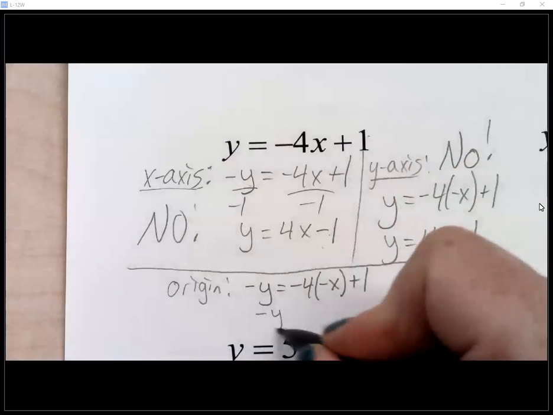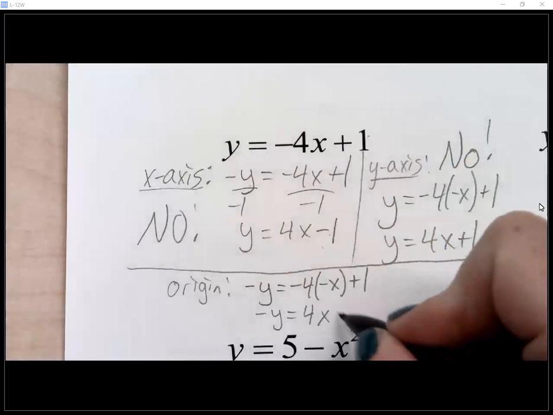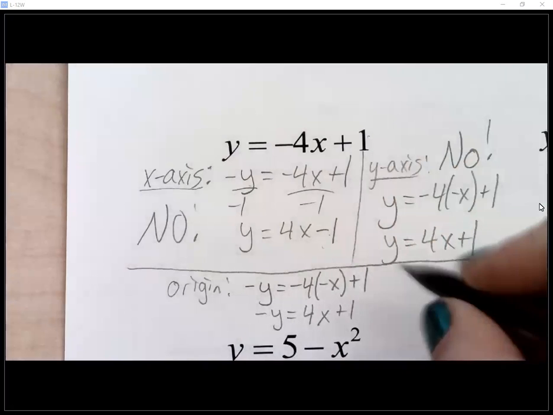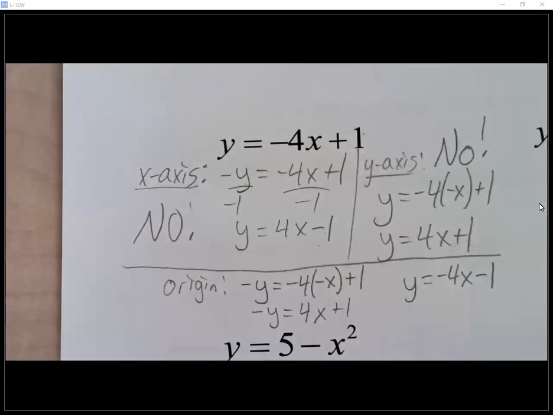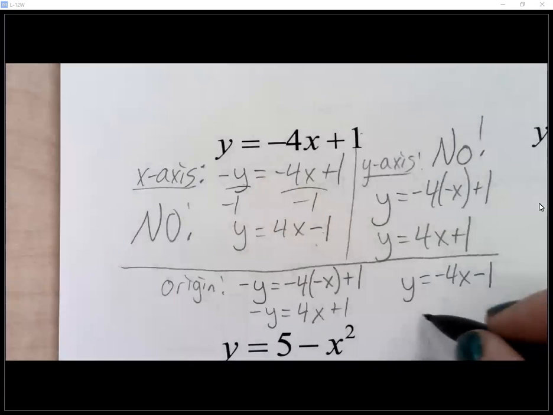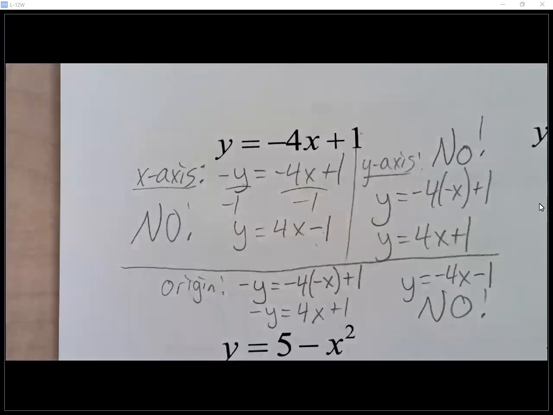So I get a positive 4x plus 1, and now I have to divide everything by a negative 1. Does it match? Nope. This one doesn't have any symmetry. Too bad, so sad.